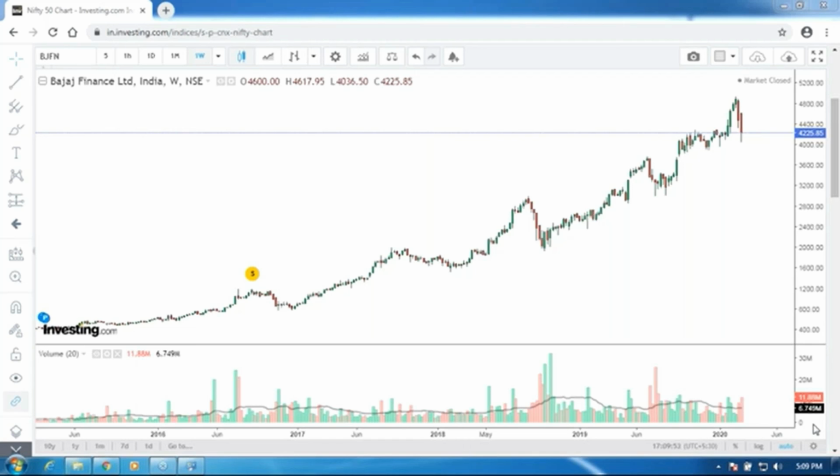Okay, Atul is asking a question. Can 21-day exponential moving average, 50 moving average with RSI be a good indicator? Can be. So you have to try it out, and finding the right system is what takes a lot of time. If you find a system that works for you, that is to a very large extent the destination for a trader. And that is what we are all trying to achieve.